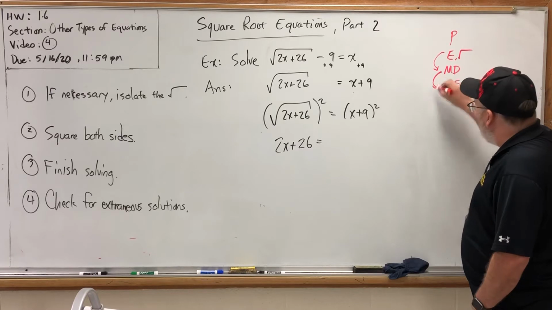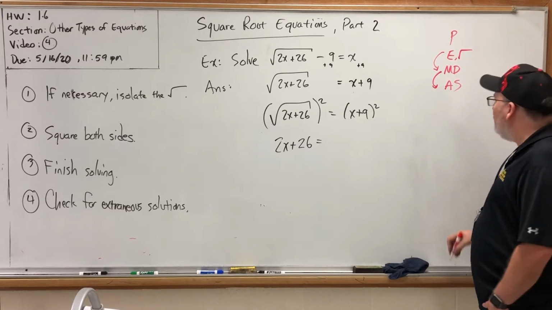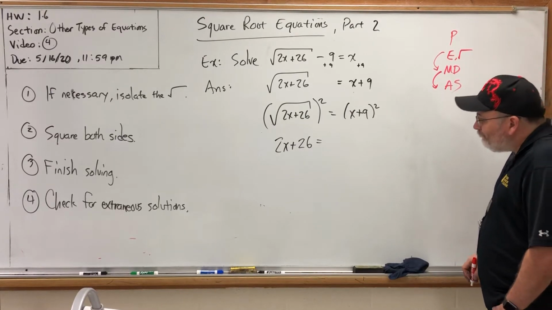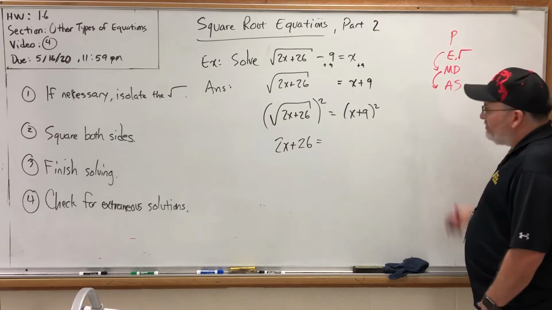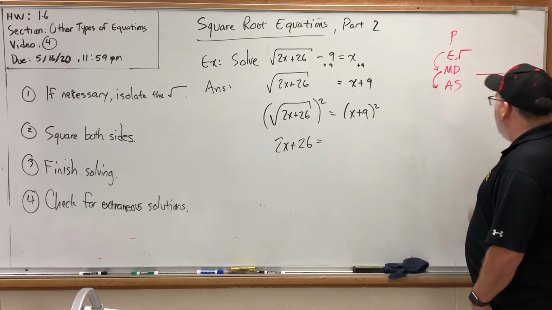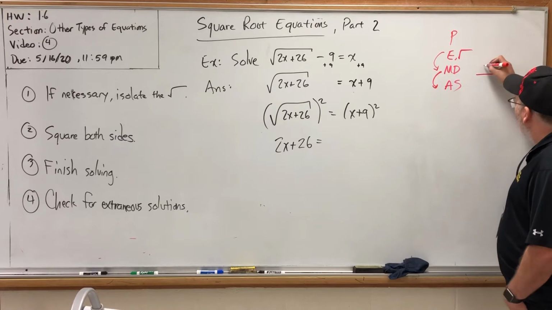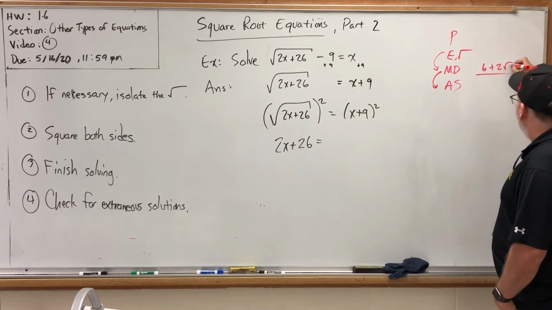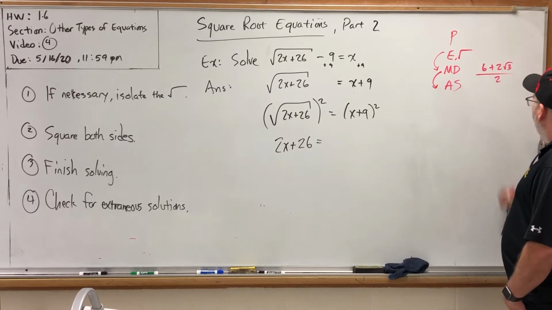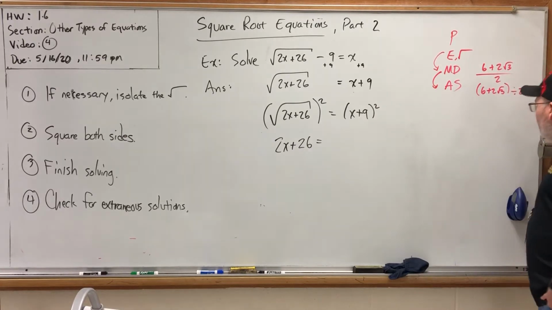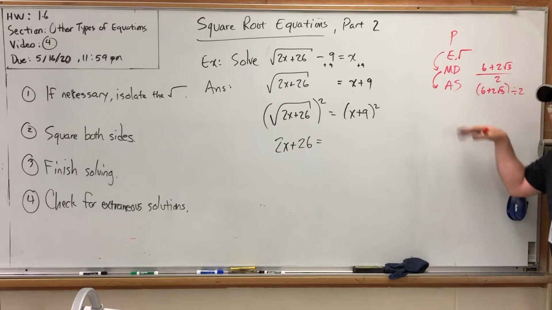I can distribute multiplication across addition and subtraction. And you can distribute division across addition and subtraction as long as you're distributing across a denominator. Like when we had something like 6 plus 2 square root of 3 over 2, that's really 6 plus 2 square root of 3 divided by 2. Division only distributes to the right side.